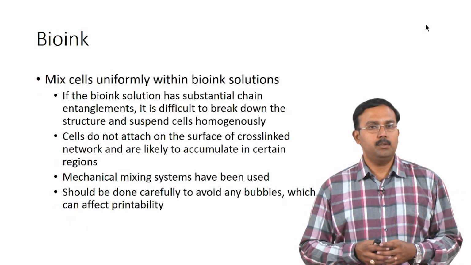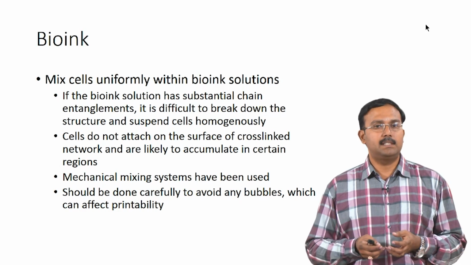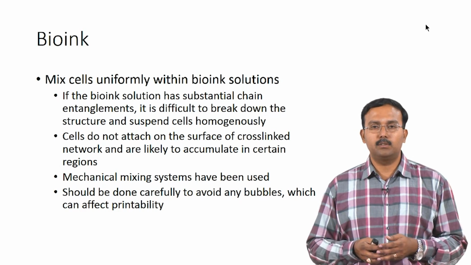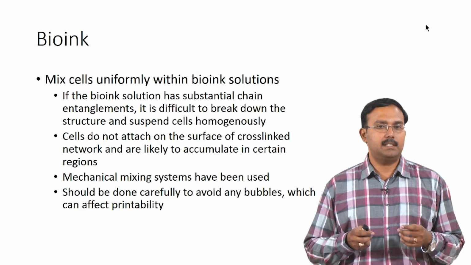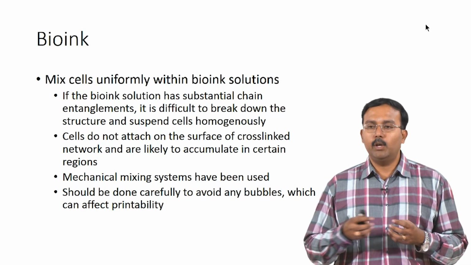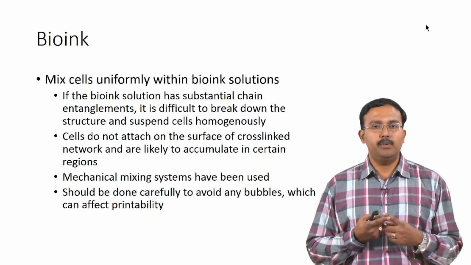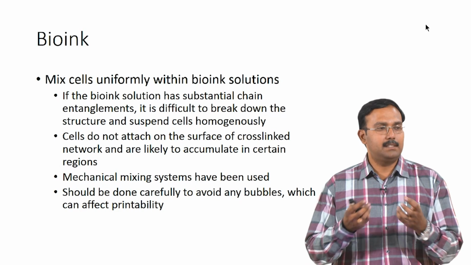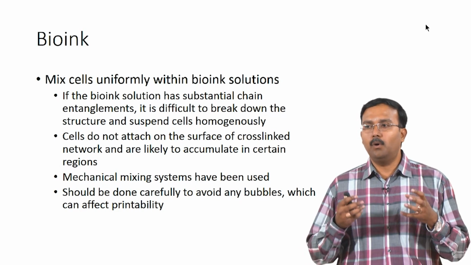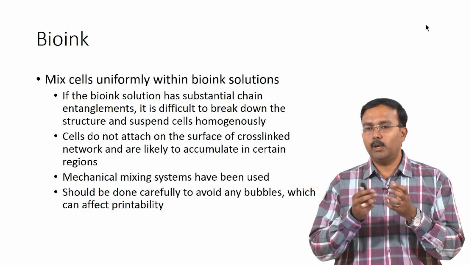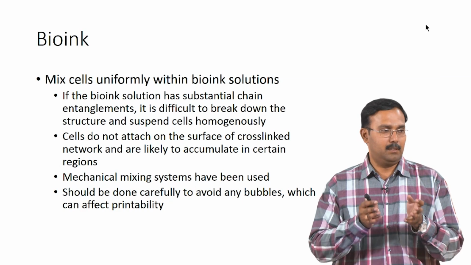So, when you are trying to use a bio ink, you are actually trying to mix cells uniformly within the bio ink solutions most of the times. So, when you try to do this, you need to understand that if the bio ink solution actually has many chain entanglements, it will be difficult to break this down and suspend cells uniformly. So, you want the bio ink to actually cross link as soon as it is coming out of the printer, right.